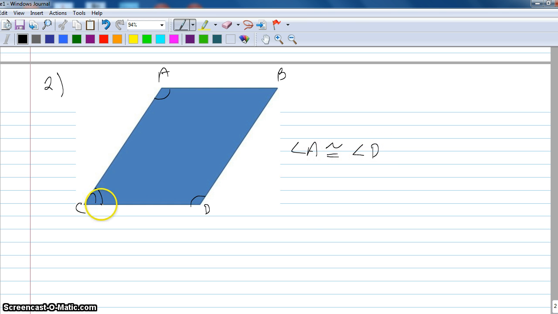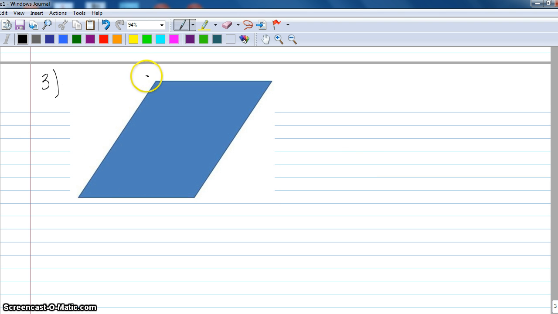And angle C is congruent to angle B. In other words, if angle A is 40 degrees, so is angle D. If angle C is 140, then B is 140.